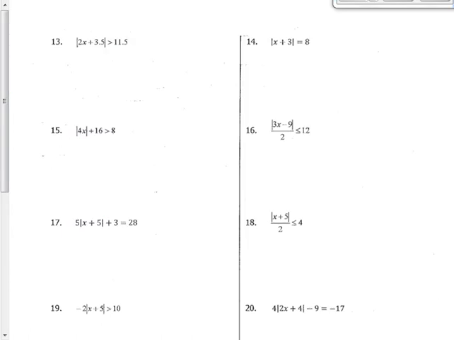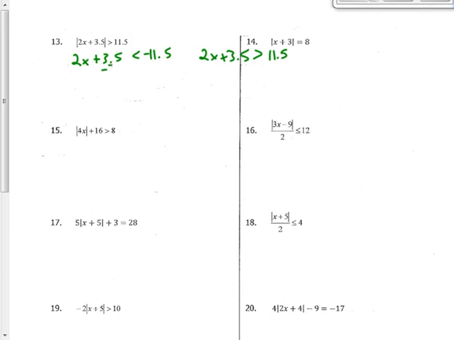Let's take a look at one greater than problem. In number 15, I'm going to subtract. I don't want to do that one. That's going to be a no solution. In number 13, let's do 2x plus 3.5 less than negative 11.5 and 2x plus 3.5 greater than 11.5.